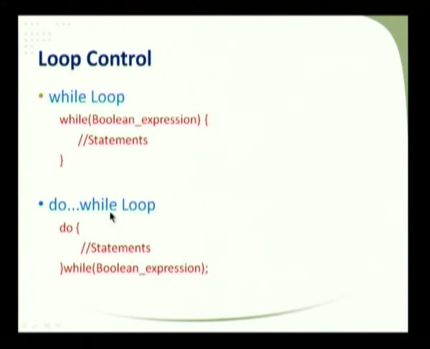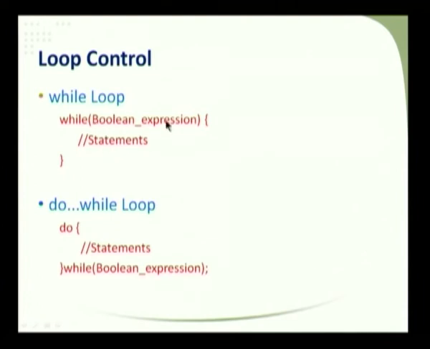Next we will see what control structures we have. First is loop control. We have a while loop and then a do while loop. Whenever I say while loop, there should be a Boolean expression, an expression which yields a Boolean value. Based on the Boolean value your statements will or will not be executed.